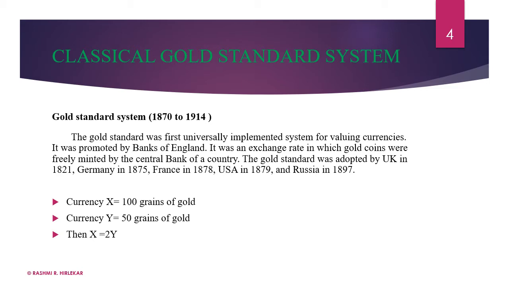For example, if currency X was equal to 100 grains of gold and currency Y was equal to 50 grains of gold, then X is equal to Y. Under relative gold standard, gold was considered as a currency standard and each currency was convertible into gold at a specified rate. Thus, exchange rate between two currencies was determined by their relative convertible rates.